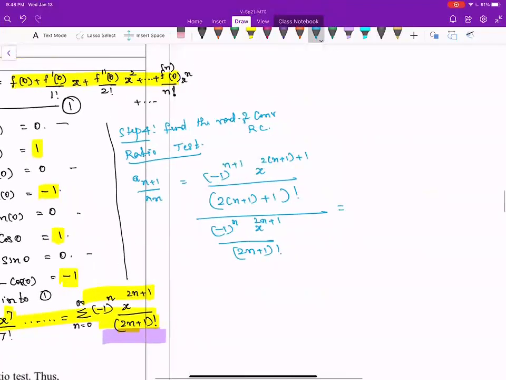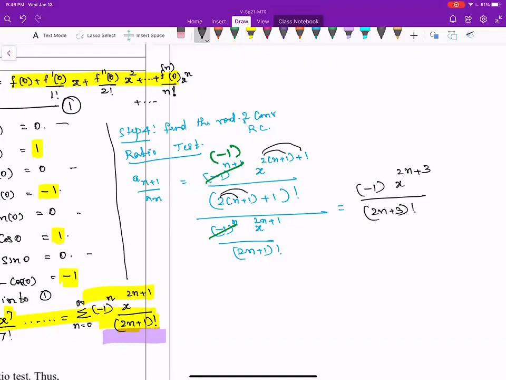If we reduce this, negative 1 to the power n plus 1 over negative 1 to the power n will give us just negative 1. Then the rest of them we will rewrite. It is negative 1 times x to the power 2n plus 3 divided by the denominator 2n plus 3 factorial.